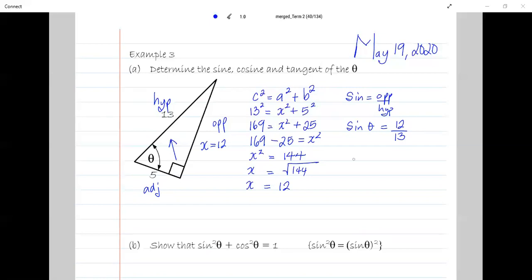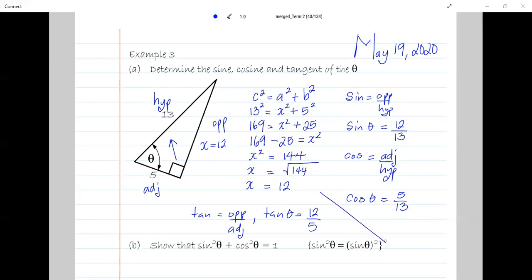Now, cosine is adjacent over hypotenuse. So the cosine of theta would be adjacent 5 over hypotenuse 13. And finally, tangent is opposite over adjacent. And so the tangent of theta would be opposite, which is 12, over adjacent, which is 5.